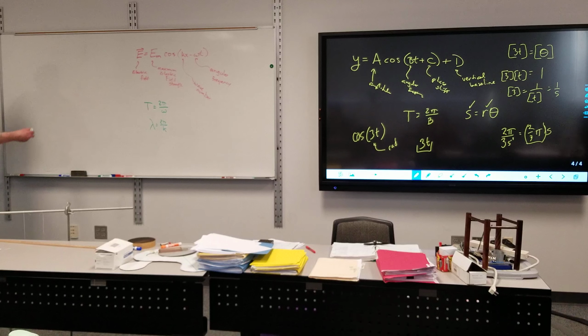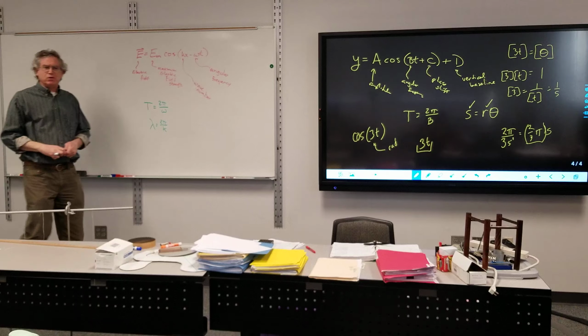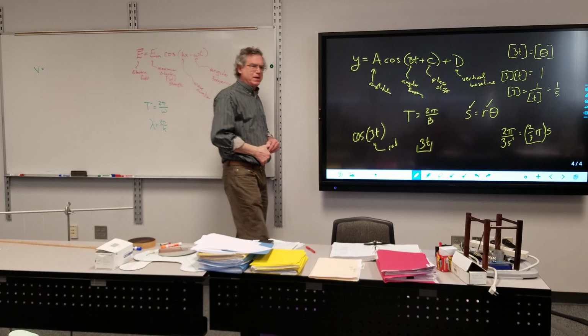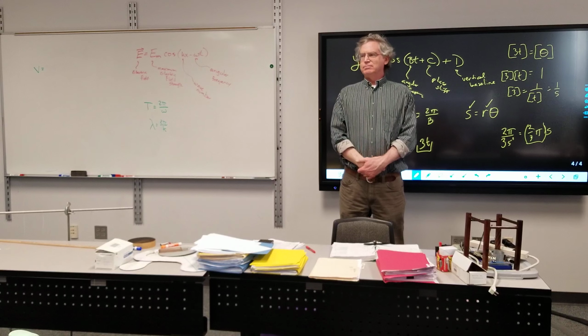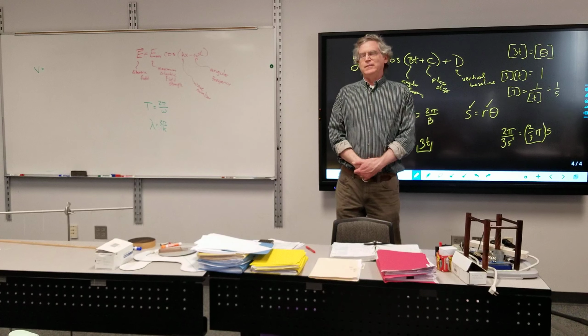All right, so now I've got this idea of period and wavelength. Let's flash back again to 151, chapter 2. What is the formula for speed? Distance over time? Yeah.